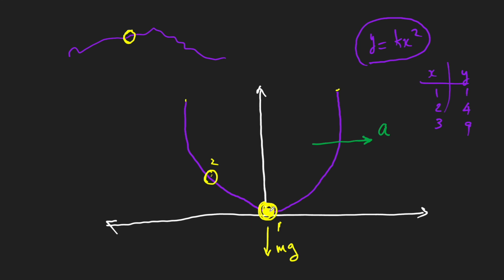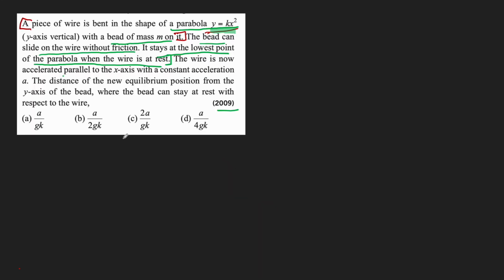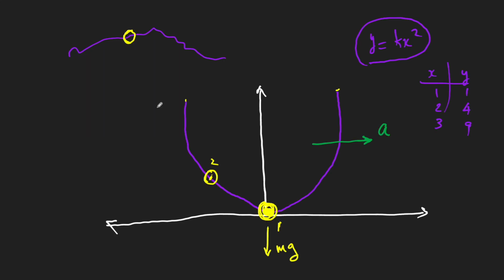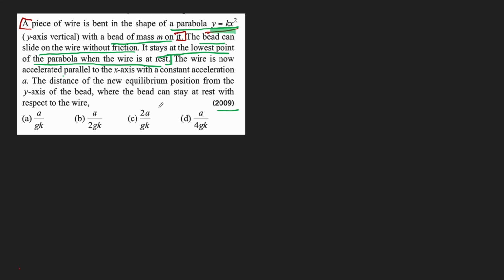Initially point 1 was the equilibrium position. Now there is point 2, and we don't know where it is. That point 2 is the equilibrium position. We are asked to determine the distance of the new equilibrium position of the bead from the y-axis, where the bead can stay at rest.